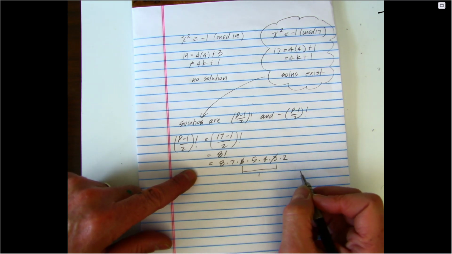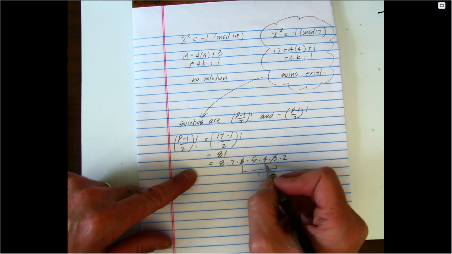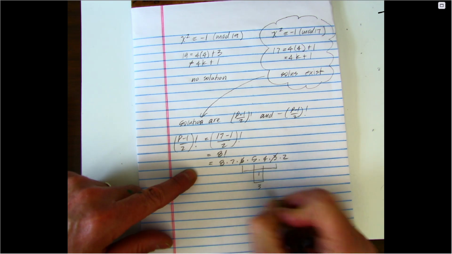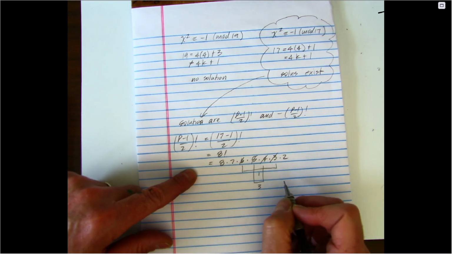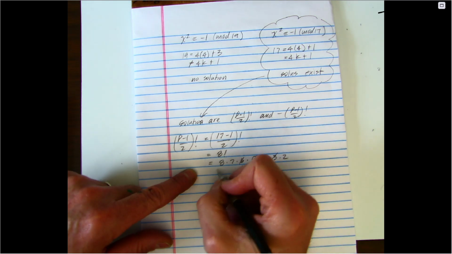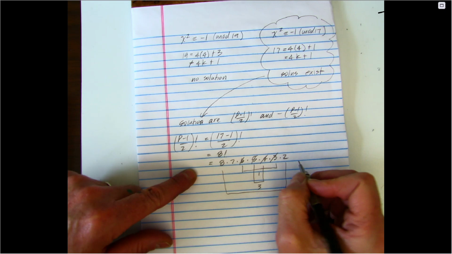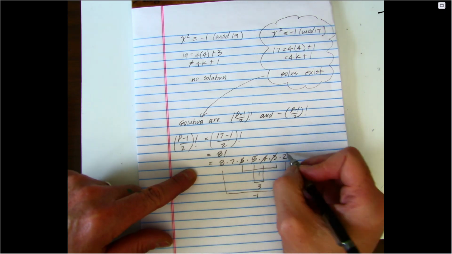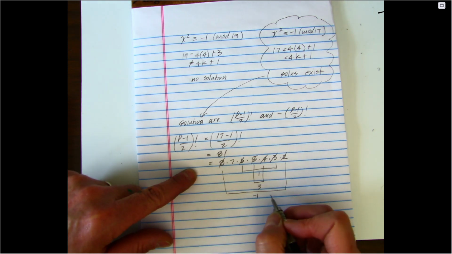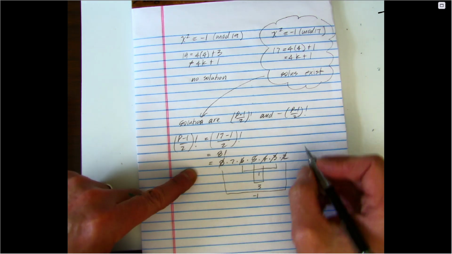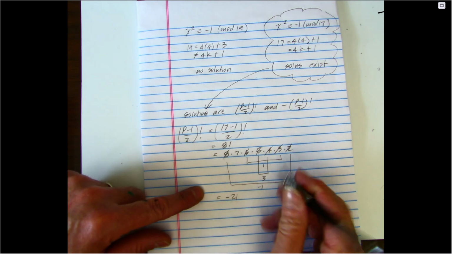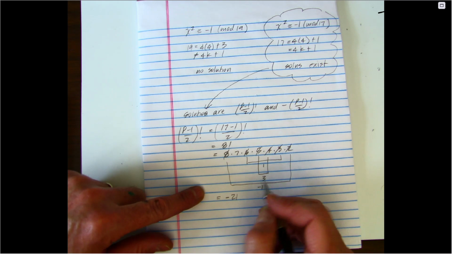Let's see, what else could we do? The 5 and 4, those guys would be a 20, which is just a 3. So I could cross those off as a 3. The 8 and the 2, those are 16, which is just a negative 1. So we'd have 7 times 3 times negative 1, which is negative 21. Adding 17 to that is negative 4.